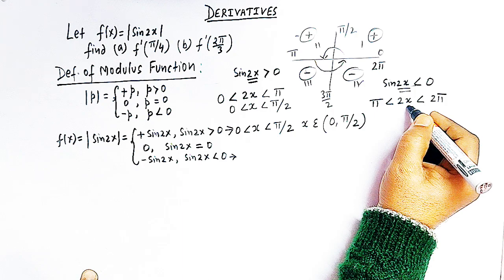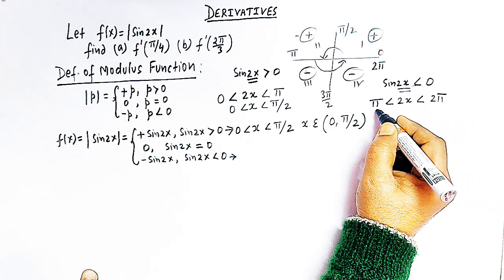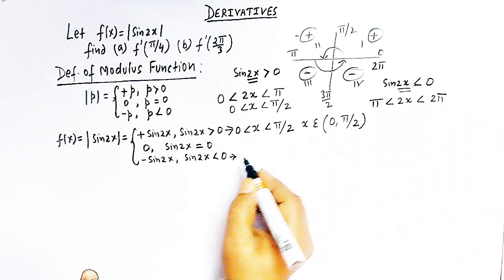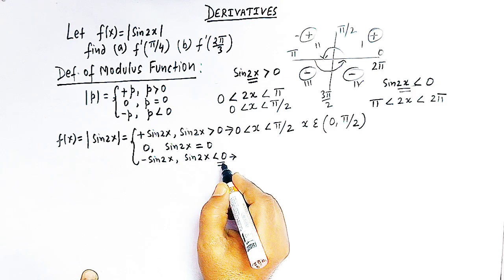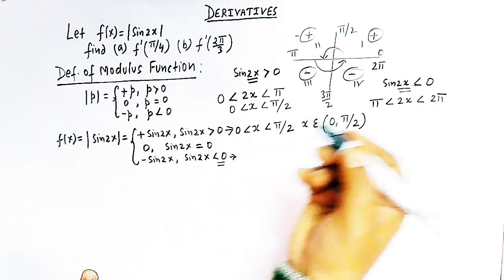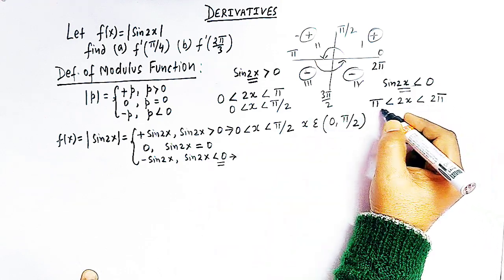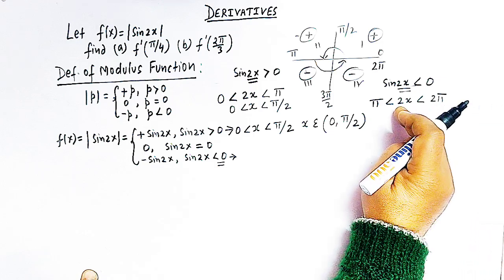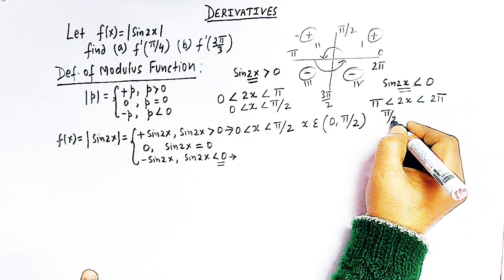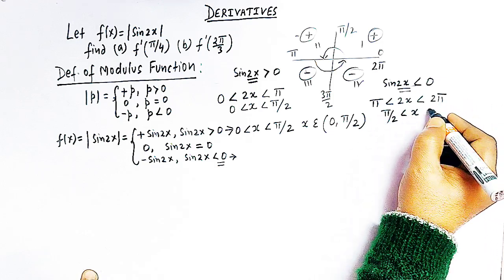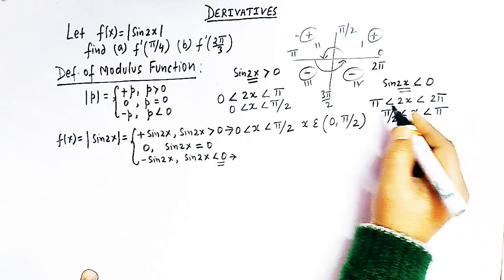So when 2x lies between pi and 2 pi, then sine 2x is less than 0, that is, it is negative. Again dividing throughout by 2, we have pi by 2, here x, and here simply pi, right?